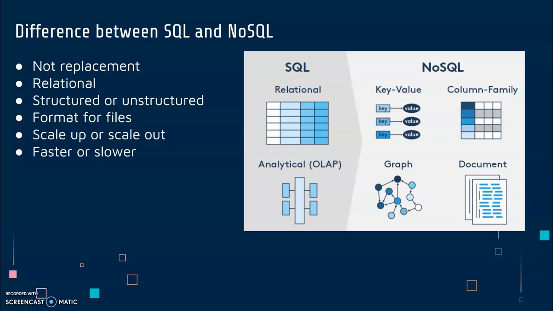Next, SQL databases are bad for unstructured data, while NoSQL is bad for multi-row transactions. The fifth one is most SQL databases require you to scale up vertically, and NoSQL databases allow you to scale out horizontally. The final one is queries in NoSQL databases can be faster than SQL databases.